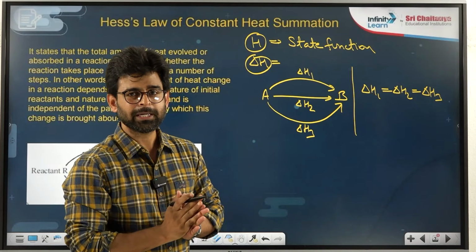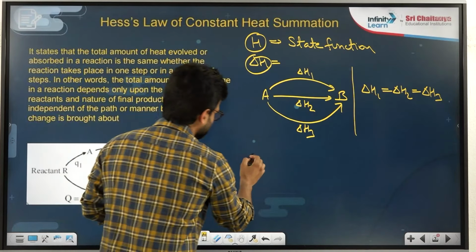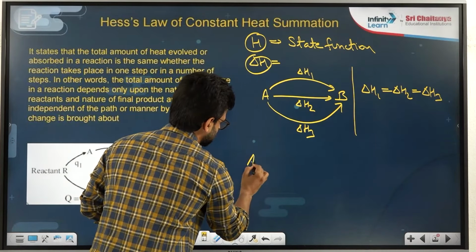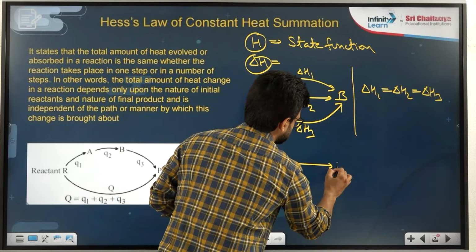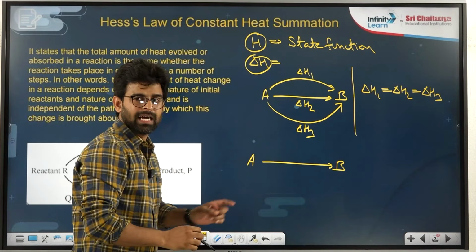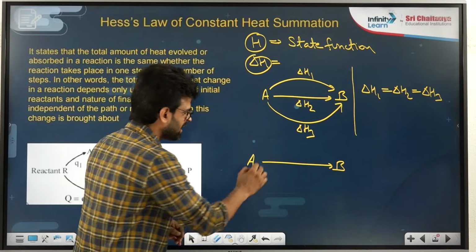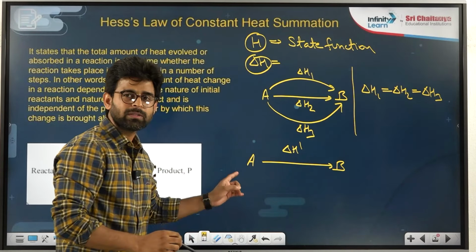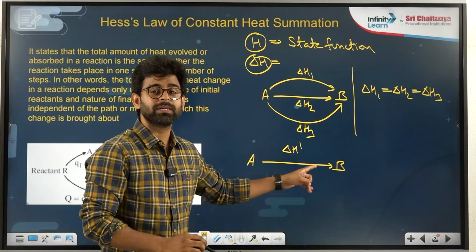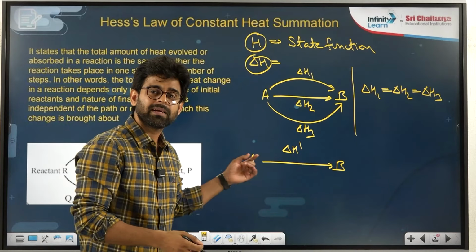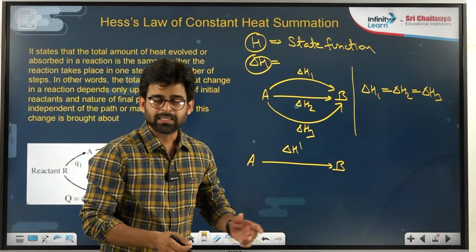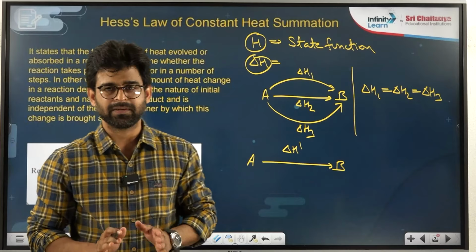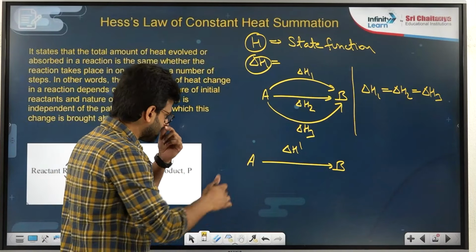Clear? First point. Second thing, if I am going from A to B directly, this is the delta H dash I am saying. For this process, when I am converting my reactant A into B, the enthalpy change is delta H dash, right? Or I can take some other path.